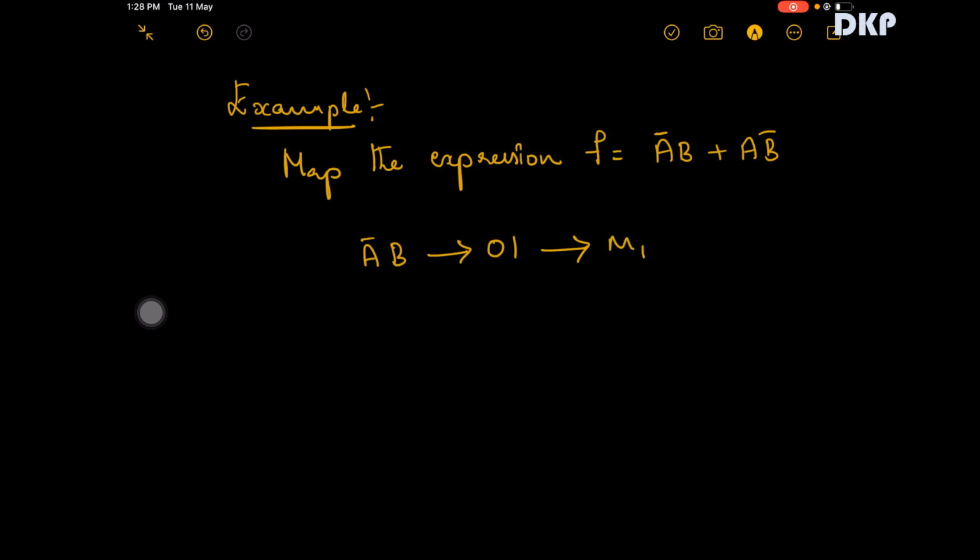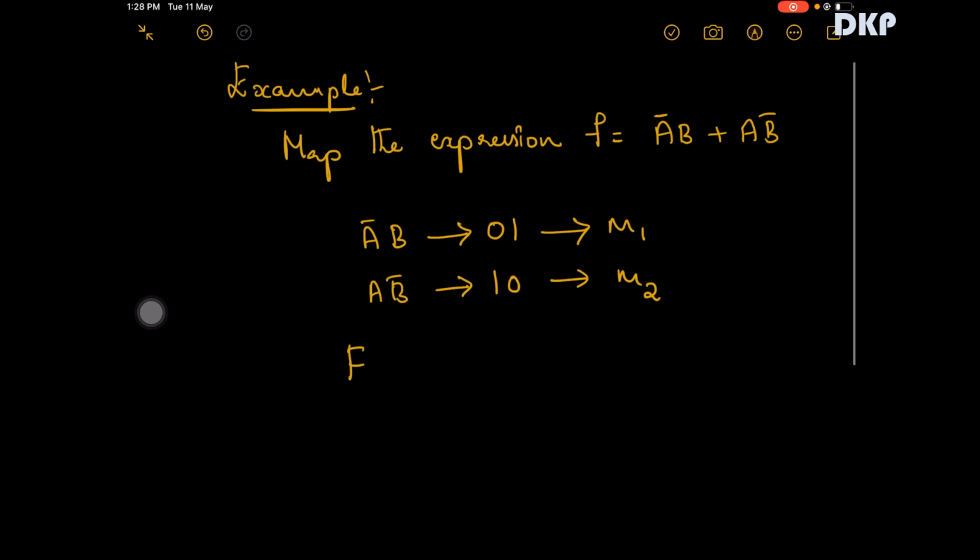What is the minterm of A B bar? It is 1 0, which means M2. Therefore, when we write this given expression in minterms, we can write f is equal to M1 plus M2, which is equal to the sum of the minterms 1, 2.